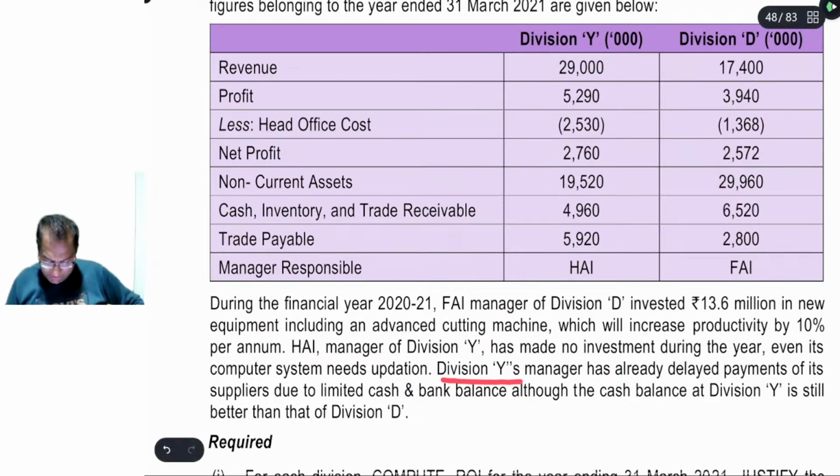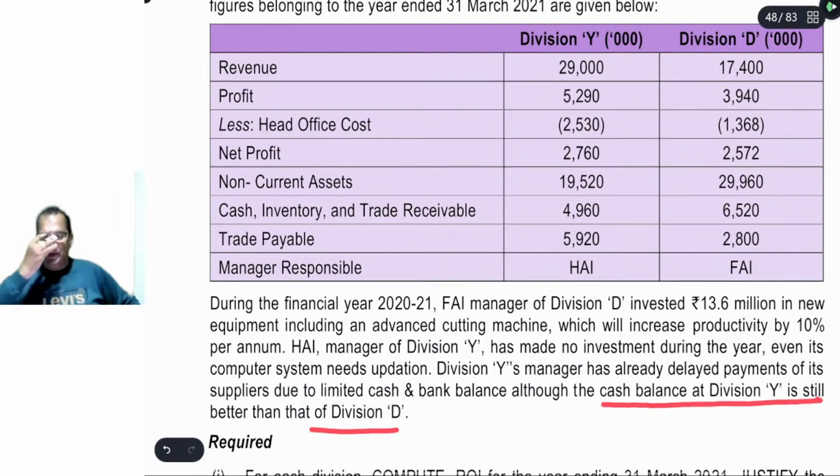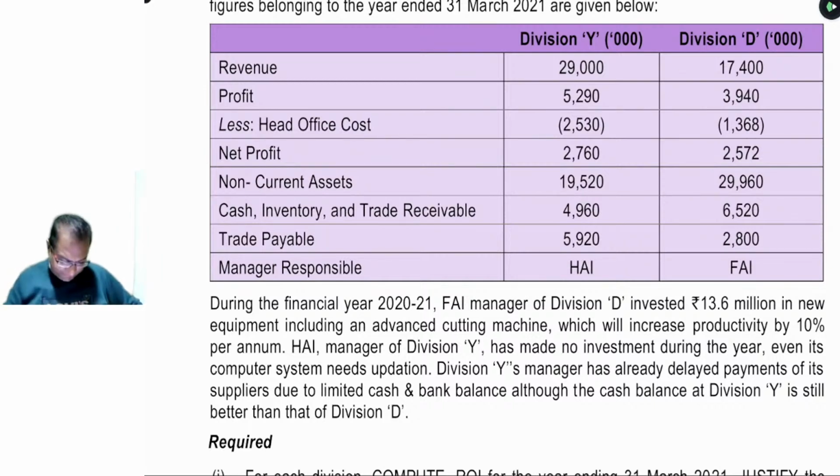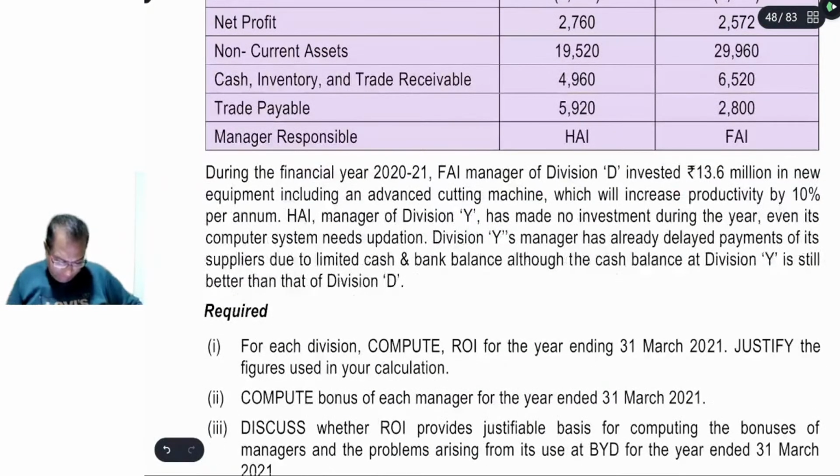Department Y manager has already delayed payment of its supplier due to limited cash and bank balance, although the cash balance at division Y is still better than in division D. Y का कैश बैलेंस फिर भी बेटर है, फिर भी वो डिले कर रहा है.